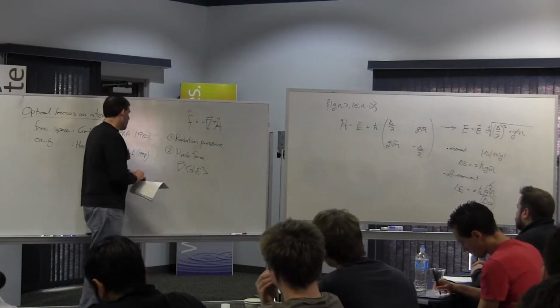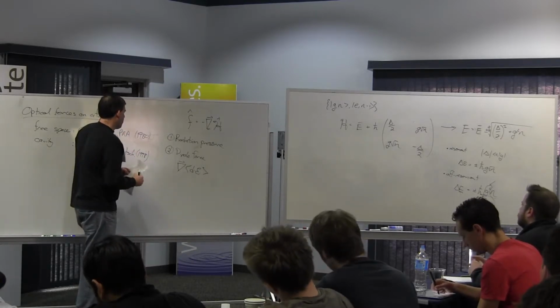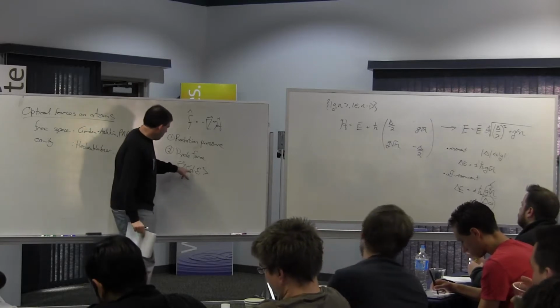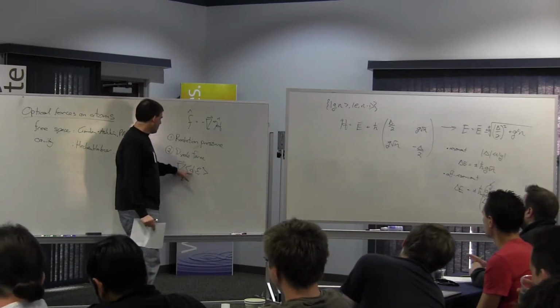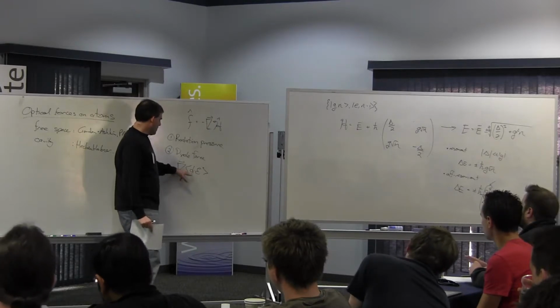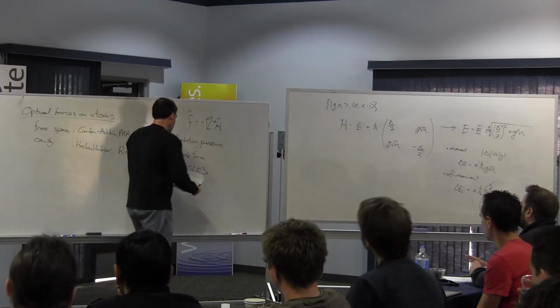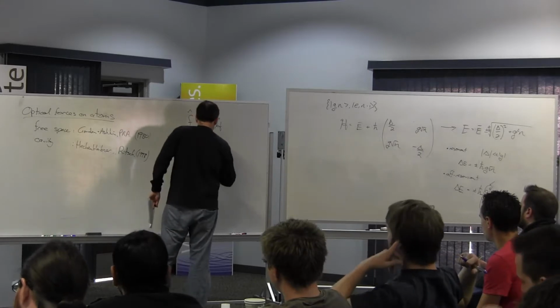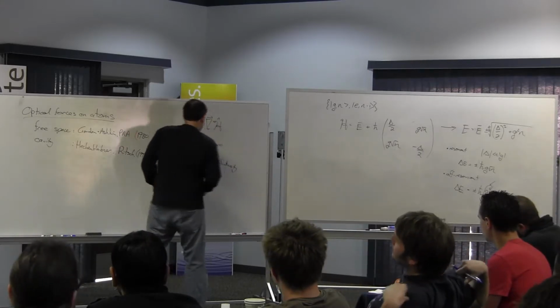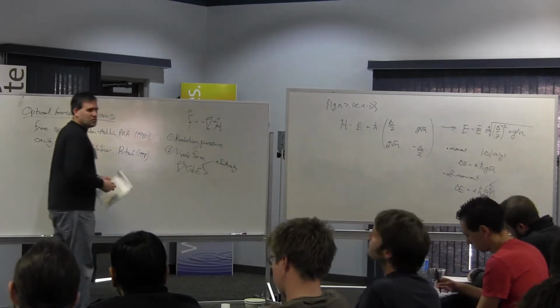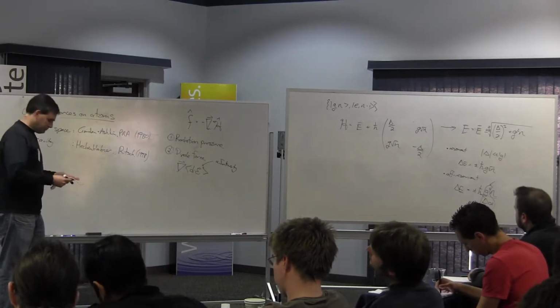The way to think of the dipole force is that I have an atom which is polarized by an electric field, and so it has a dipole moment, and the product of these things is proportional to the intensity, because there's an electric field squared now. And so the dipole force is going to be related to gradients of the intensity.